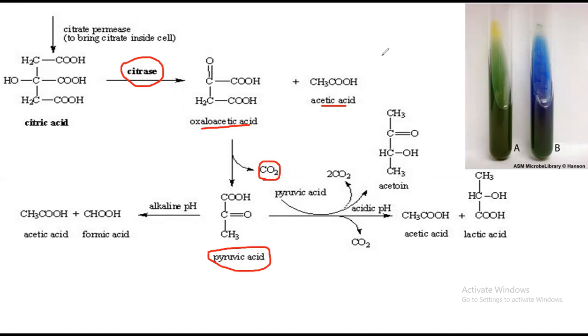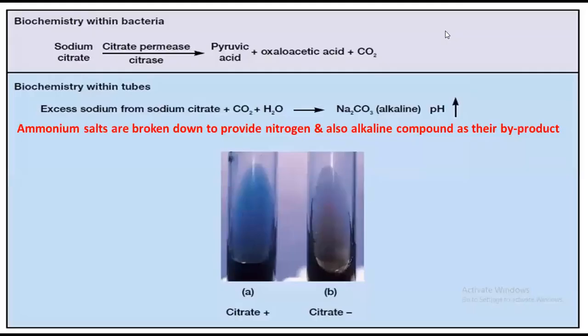After that, what will happen if you have pyruvic acid? Wait a minute. What is the biochemistry within the bacteria? Basically, we are taking the citrate that is conjugated with sodium.